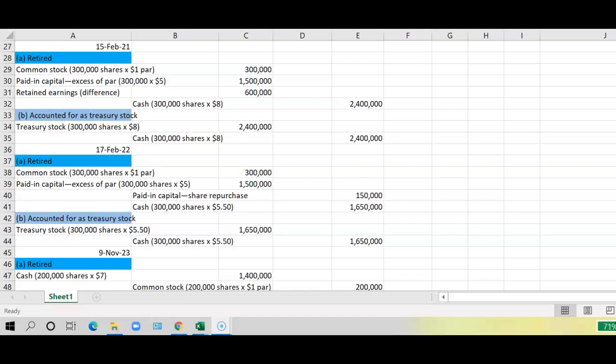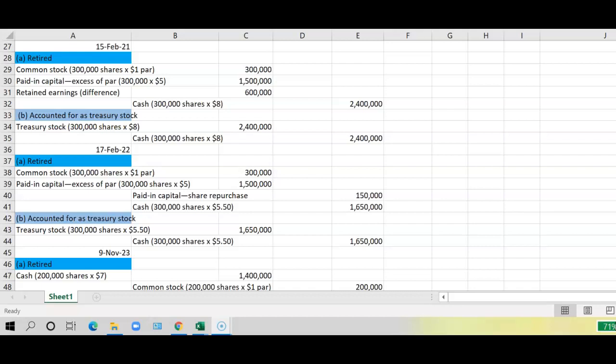So we would debit common stock for 300,000 shares, which the company is repurchasing at $1 par, which is $300,000. We're then going to debit the paid-in capital in excess of par for $5, which is the original selling price of the stock recorded in the stockholders' equity section of the balance sheet of $6 minus the par value, which is 1.